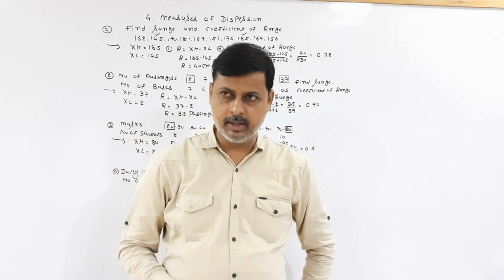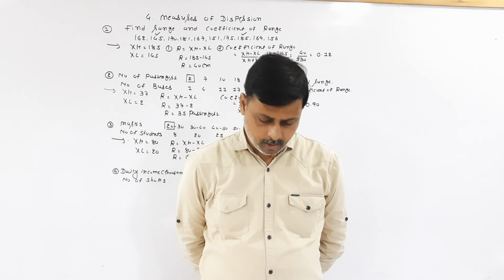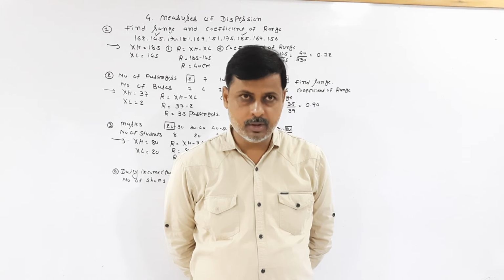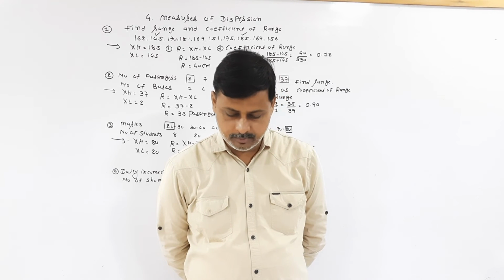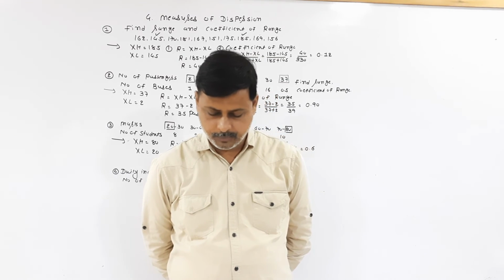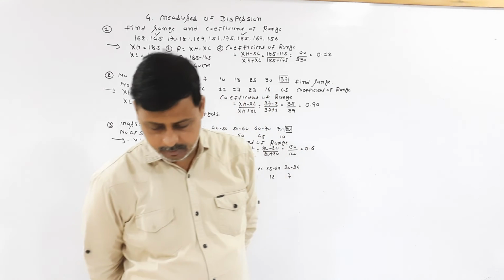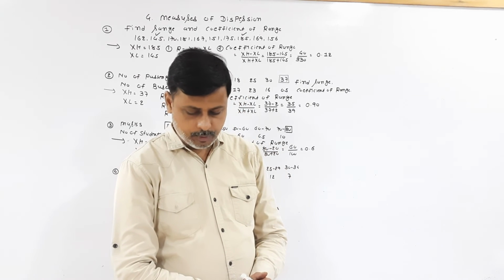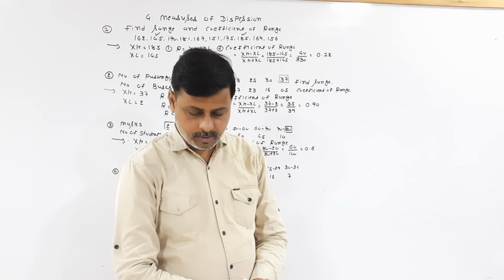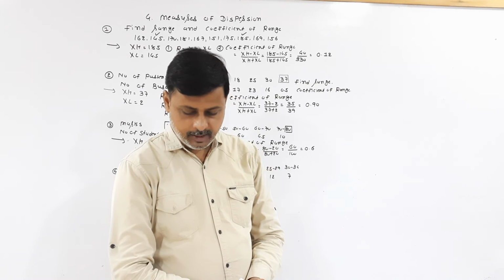Now last fourth example. The frequency distribution of daily income in 1000 of 80 shops of an area is as follows. Find the absolute and relative measures of range of daily income from it.